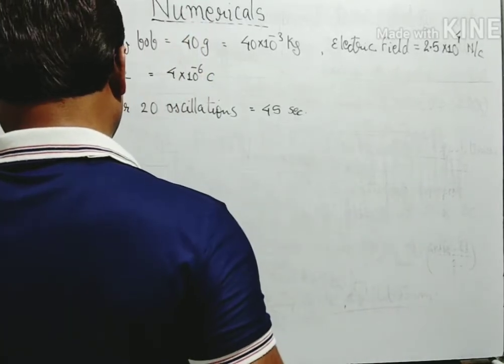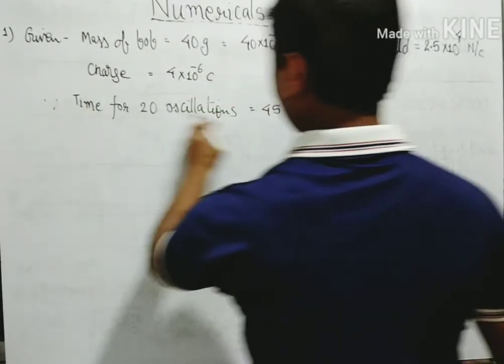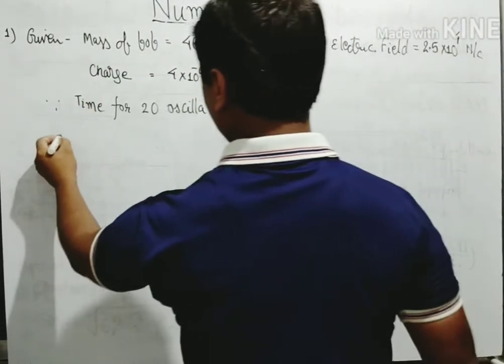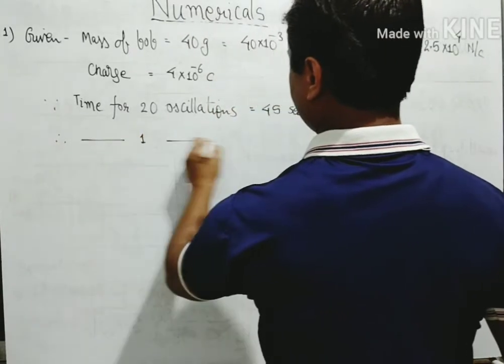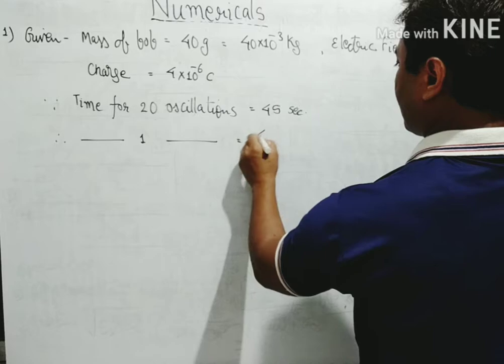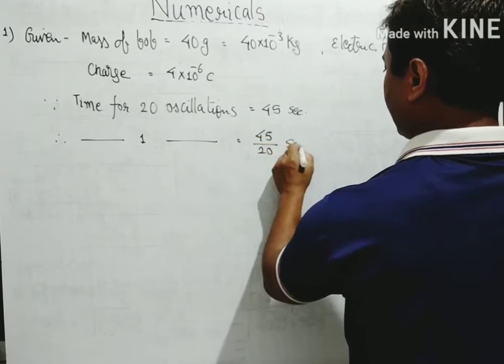Since the time for 20 oscillations is 45 seconds, the time for one oscillation, that is the time period, is 45 upon 20 second.